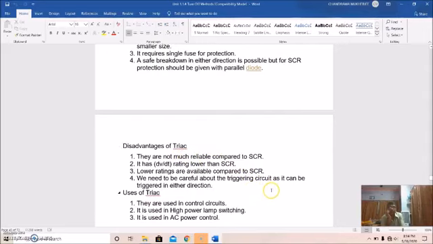Because they are not reliable like SCR, dv/dt rating is lower than SCR. Lower ratings are available compared to SCRs, because we need to be careful about the triggering circuits. It can be triggered in either direction.